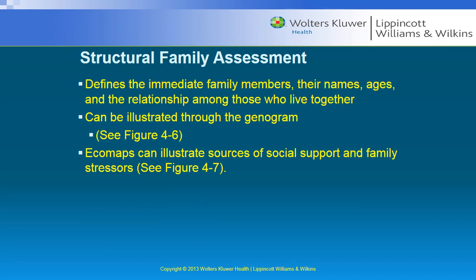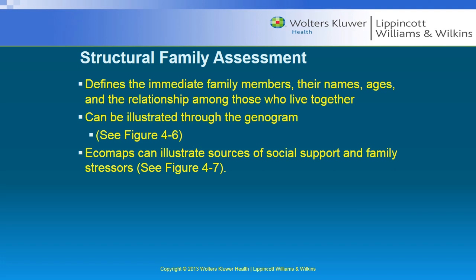The structural family assessment considers family composition. The nurse would define the immediate family members, their names, ages, and the relationship among those who live together. And this can be illustrated through a genogram. So if you look at figure 4-6 in your textbook, you can see an example.